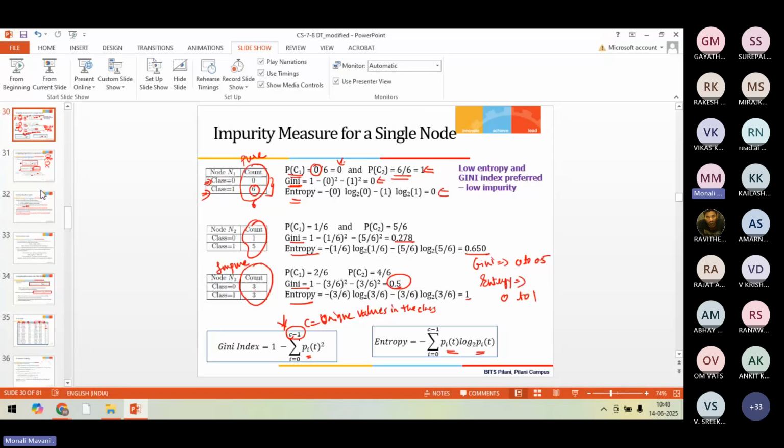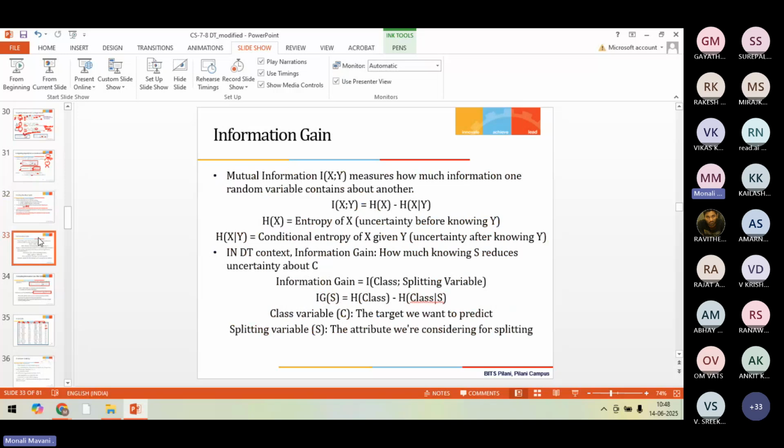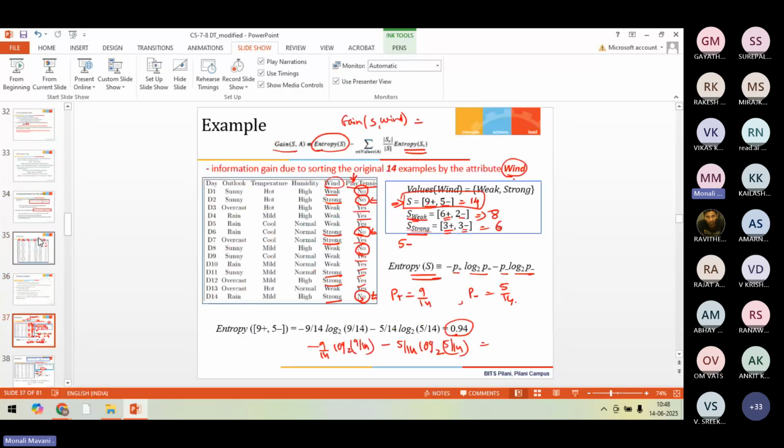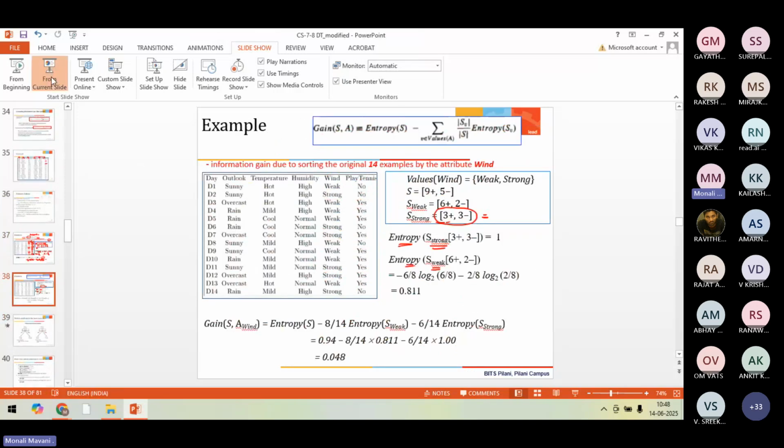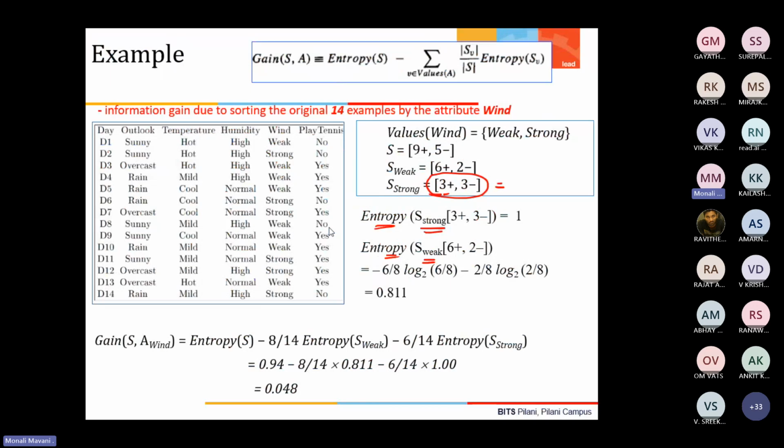When both the class representations are equal, what is the entropy coming out to be? 1. So that always happens. You can save your calculation time. Whenever you observe that both the class representations are equal, the entropy is 1.